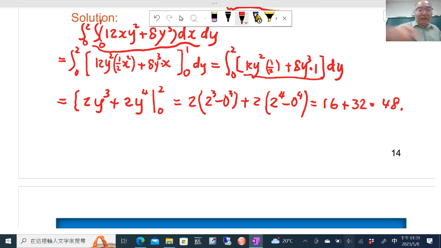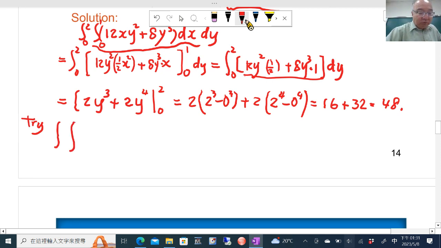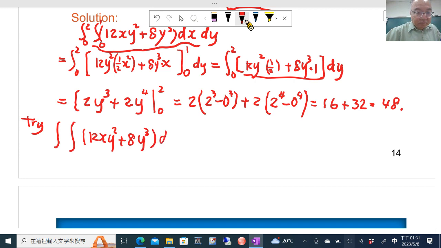For your exercise, I expect you can do that by trying a different order: 12xy squared plus 8 times y cubed, dy dx.